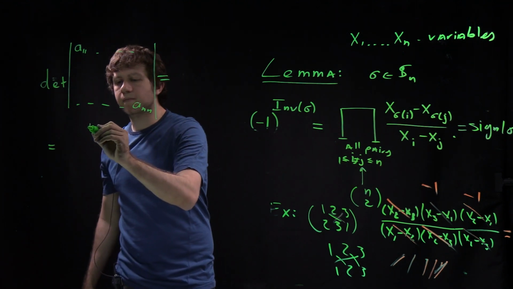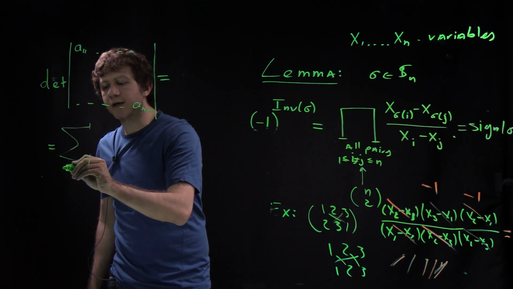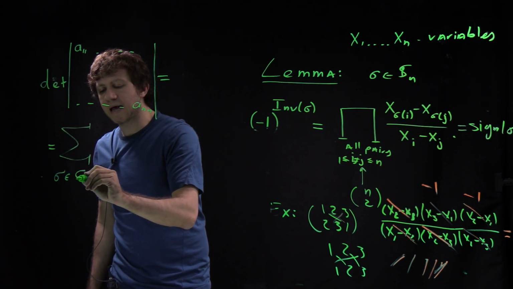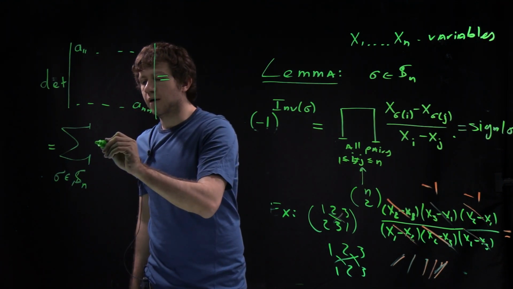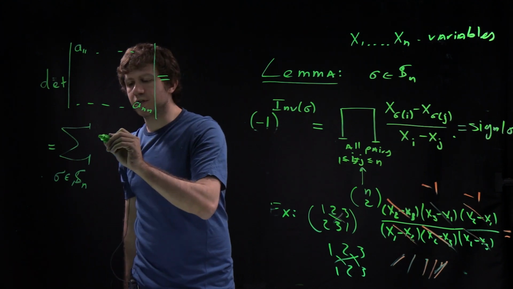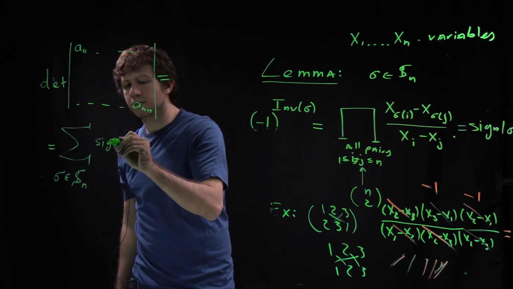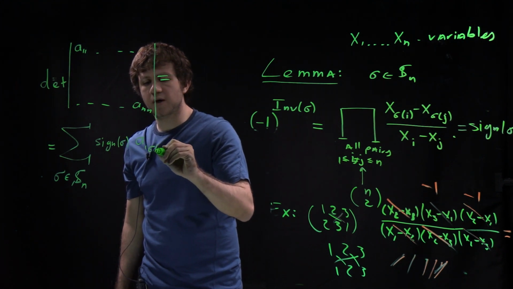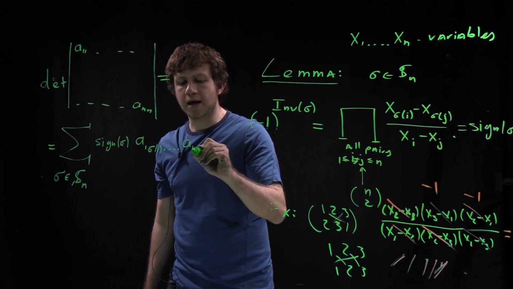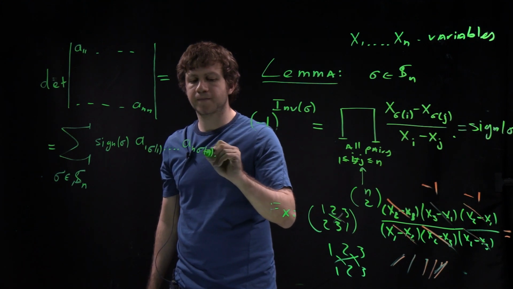So it's a sum over all permutations in the group Sn. And then you take, in our definition, just sign of sigma times A1 sigma of 1, and so on, An sigma of n.